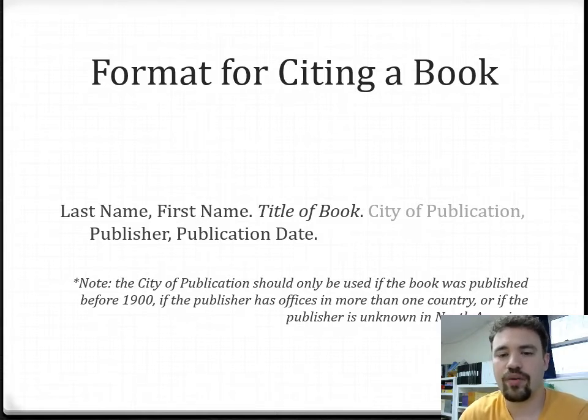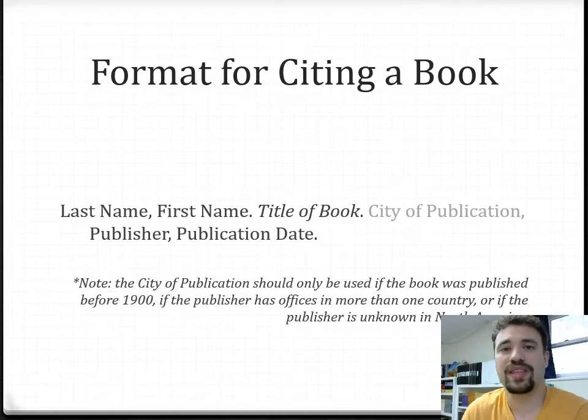In the note here, you will see the city of publication should only be used if the book was published before 1900, if the publisher has offices in more than one country, or if the publisher is unknown in North America. So some old books, you should probably include the city of publication.